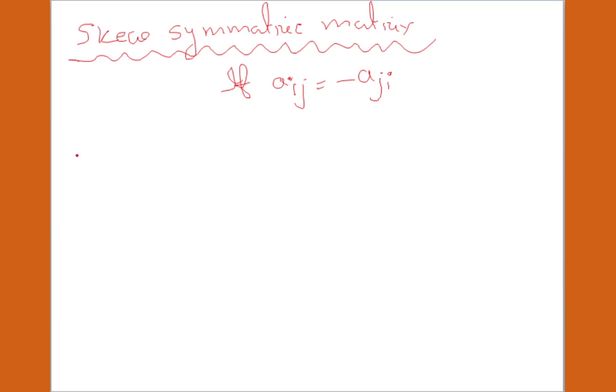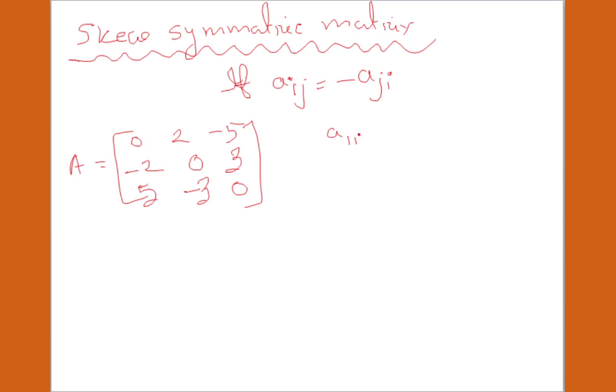Let's take an example. The matrix is 0, 2, minus 5; minus 2, 0, 3; 5, minus 3, 0.